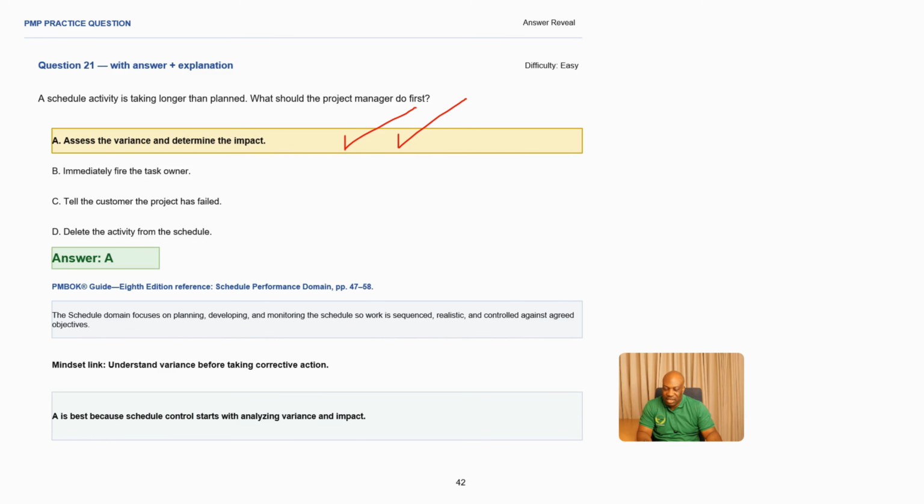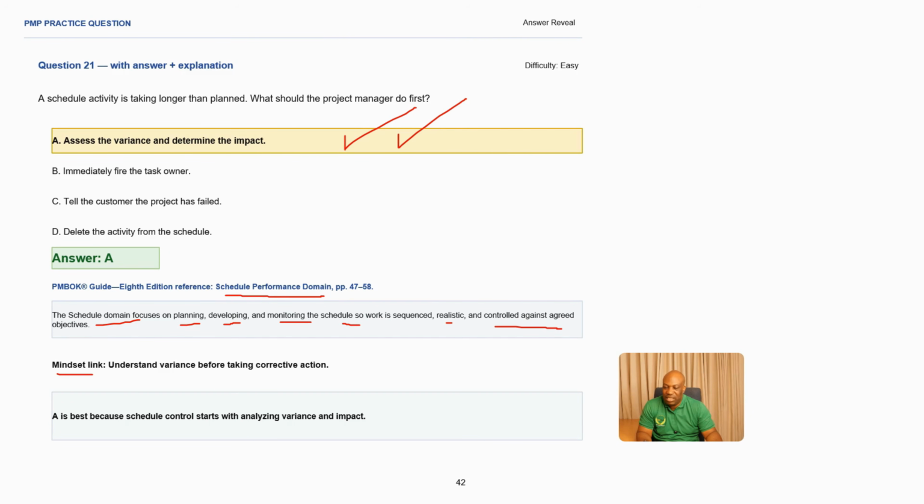What is our reference? Our reference in the PM book is the schedule performance domain, which is on page 47. What does it say? It says the schedule domain focuses on planning, developing, and monitoring, so schedule work is sequenced and also realistic, then also controlled against agreed objectives. So what is our mindset that we're using to eliminate?